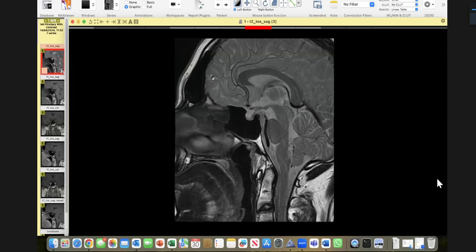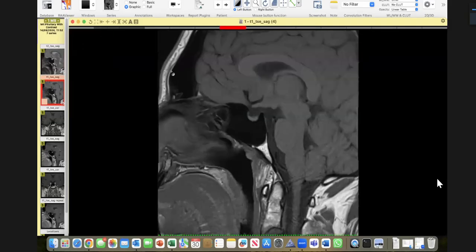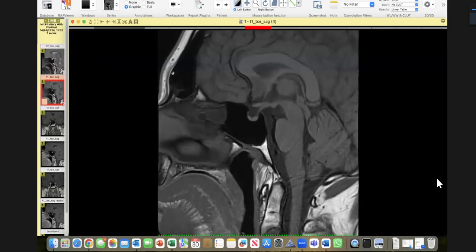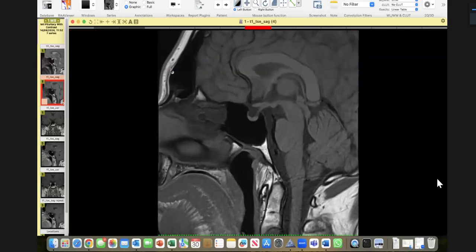Sir, I would like to see the T1 weighted sequence of this same patient. Yes, sir, I'm looking for the posterior pituitary bright spot to see the posterior pituitary gland, and it is not visualized in these images. Keeping in view the history, I'm thinking why there is loss of that bright sign, since I cannot see any abnormal mass or any compression of the pituitary gland.